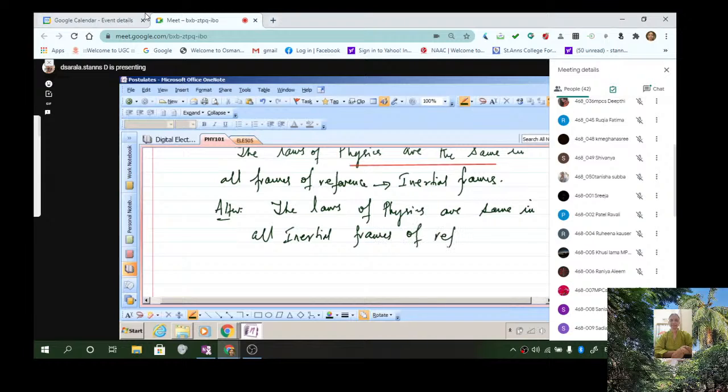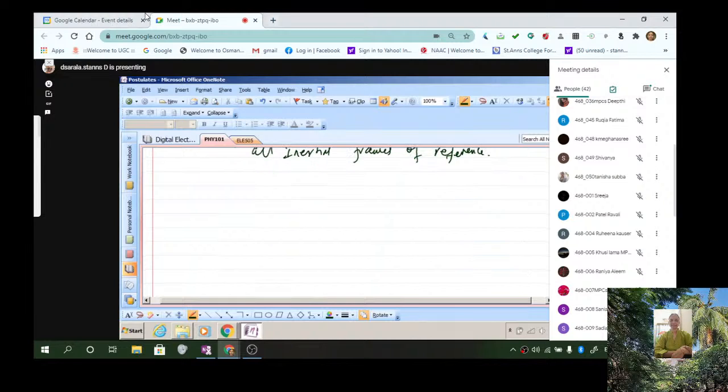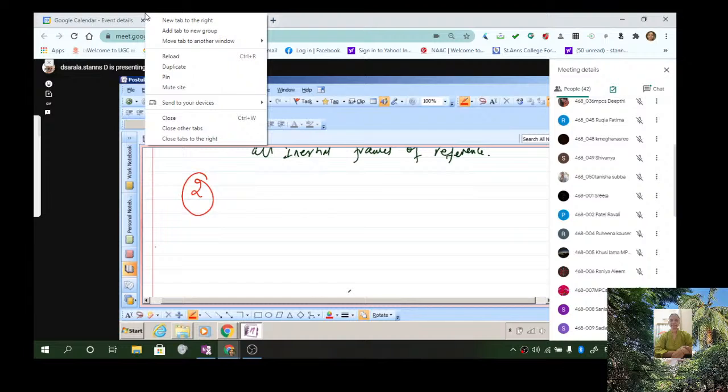This is a postulate, and it has to be written in the same way as is given in all your textbooks. Please don't try to change its definition. It has to be stated in the same way. Then only you will get marks. Don't try writing definitions in your own words. Definition has to be written in the scientific, technical way as is being given.